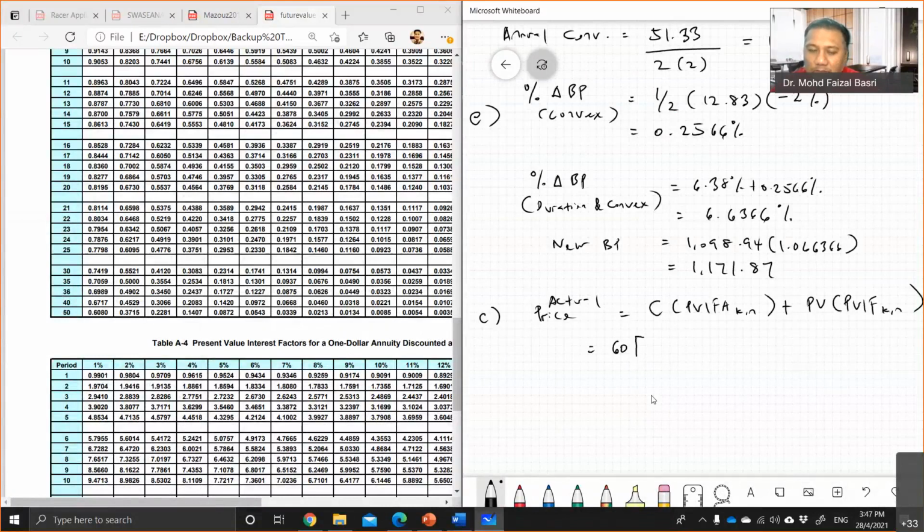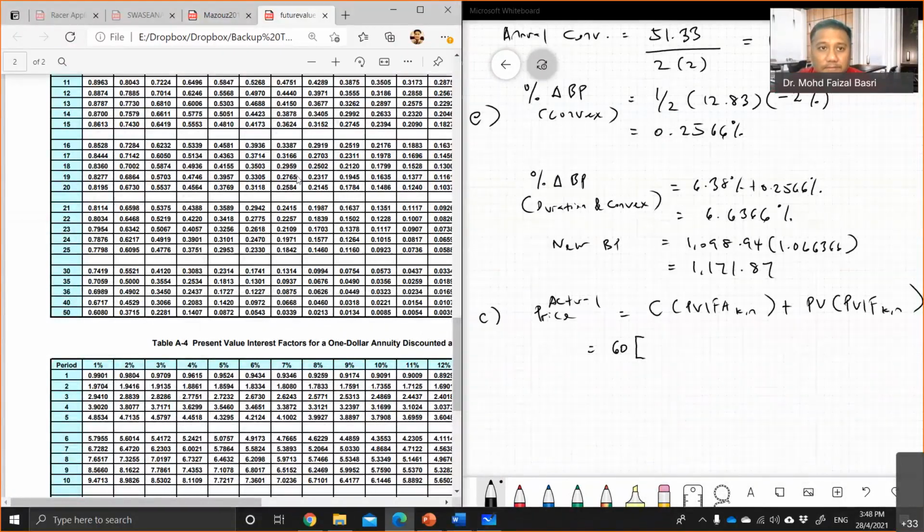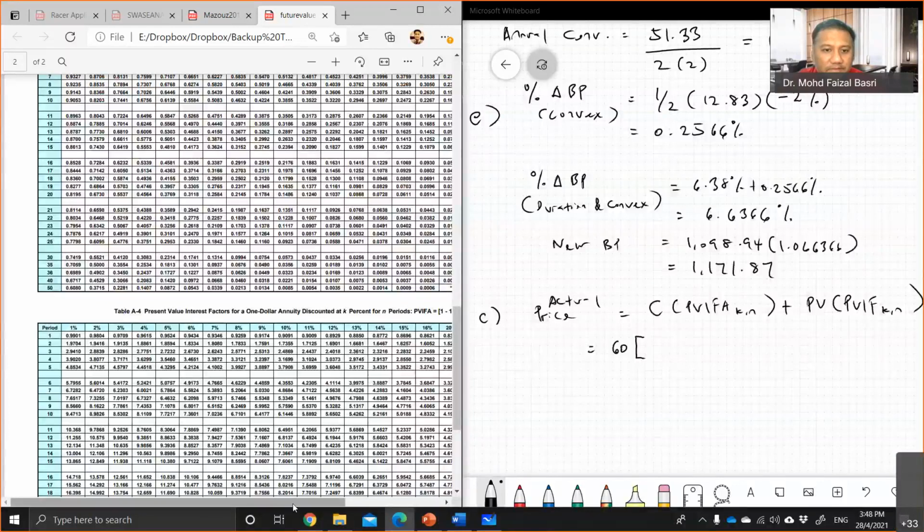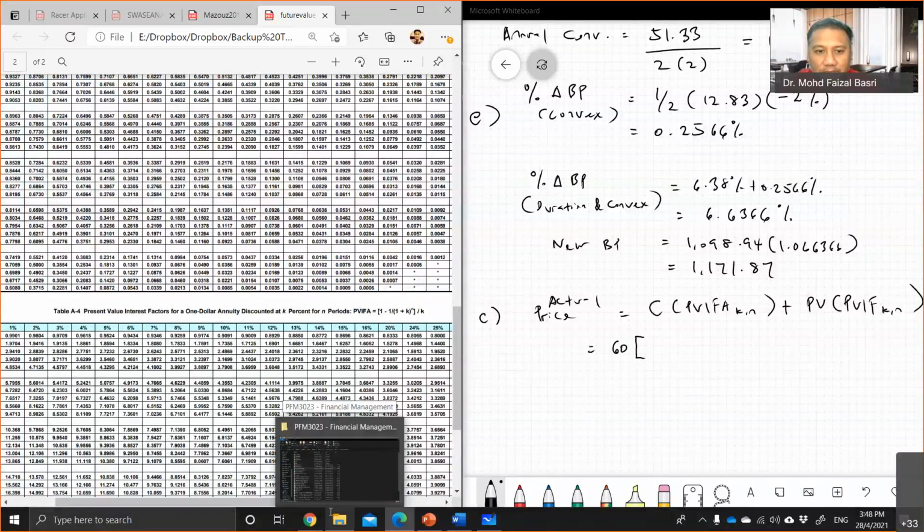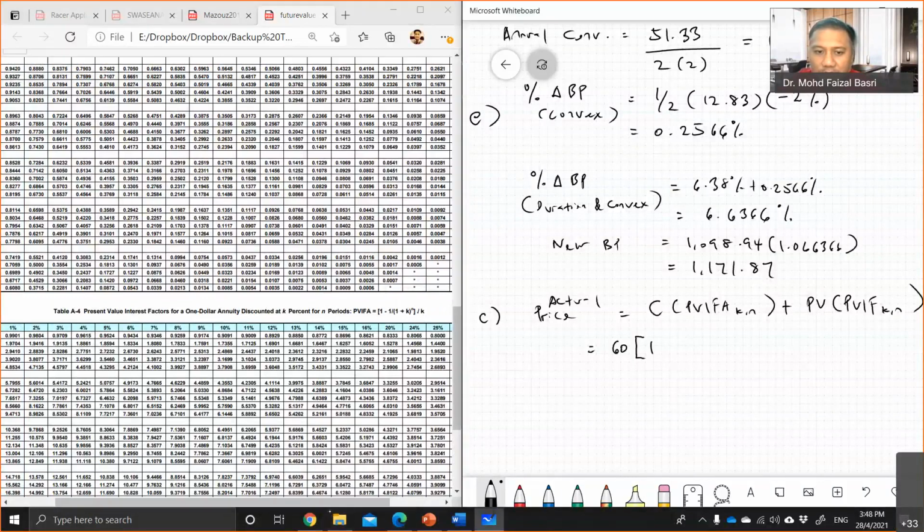For the bracket, I'm going to use the PVIFA, which is based on this formula: 1 minus 1 divided by, in brackets, 1 plus K. The K is 0.035 because it's 3.5%, so 1 plus K is 1.035, to the power of N, our N is 8. Then we divide by K, which is 0.035.